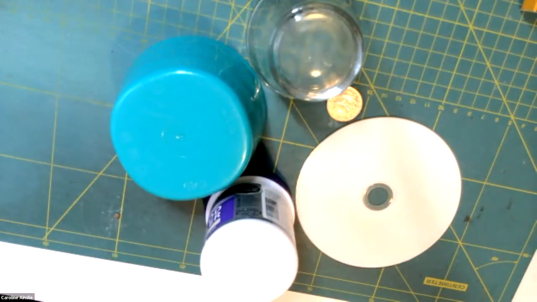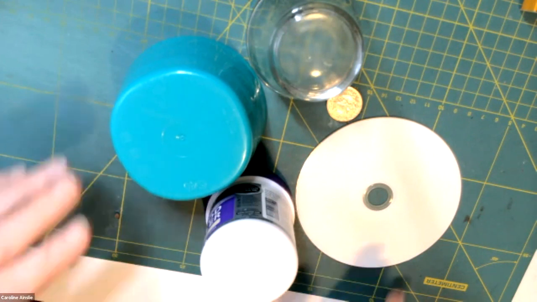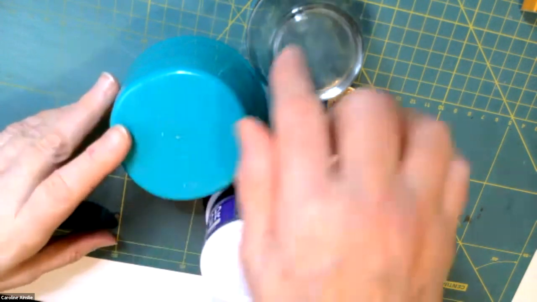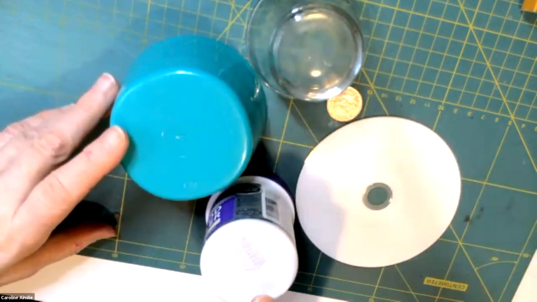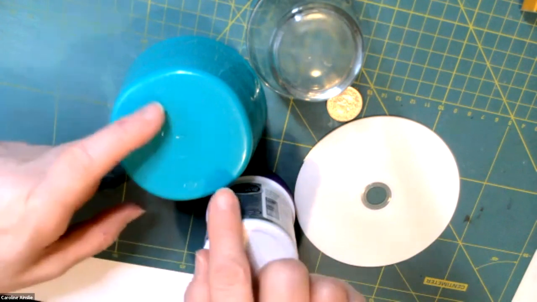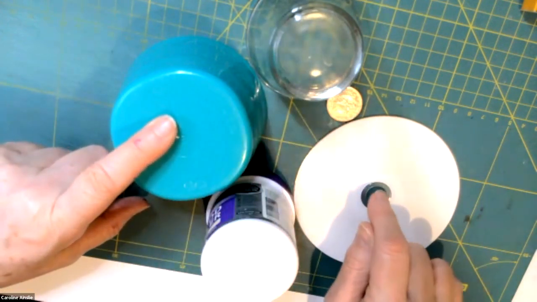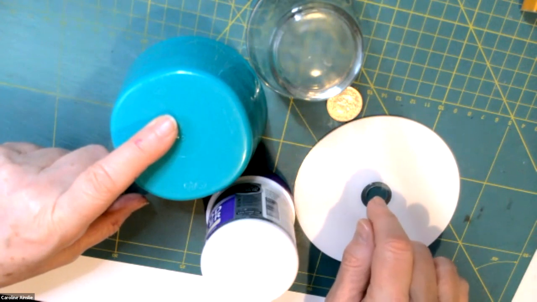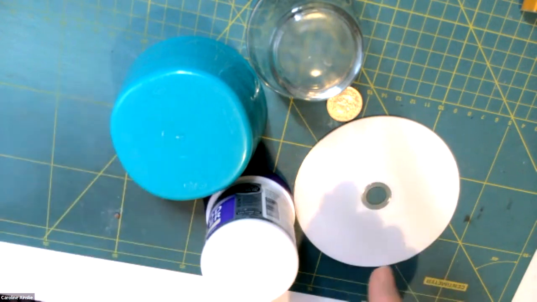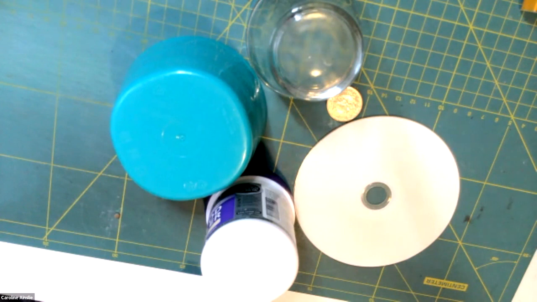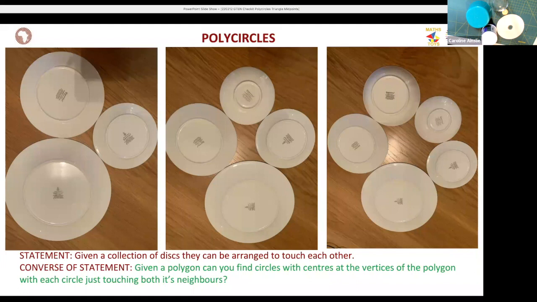Now, given any polygon, can you always find circles that will touch each other in this chain, where every single circle will touch the circle adjacent to it, where the center of the circle is the vertex of the polygon? That's the question. And look, the way Tony's written it is a much more concise question.